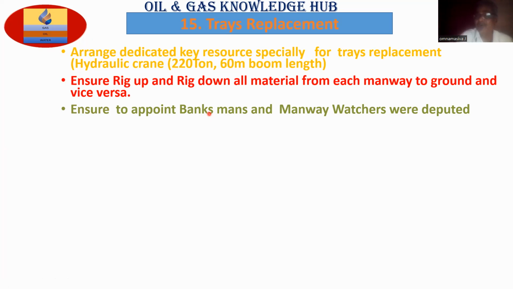They will advise: heavy lifting activity is in place, don't come nearby the crane in this radius, please keep away. Like that, they will advise the people who are coming very fast. Emergencies towards the crane. So rear side and front side, both sides, banksmen should be there.